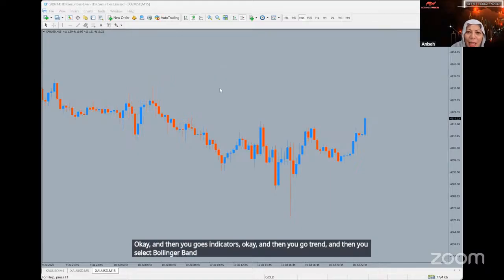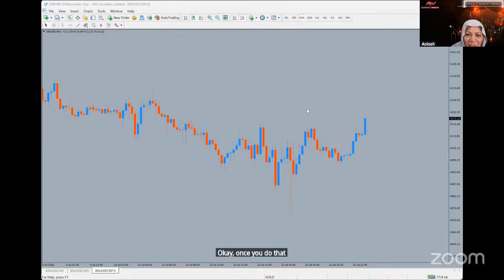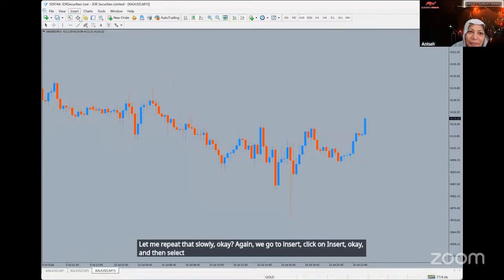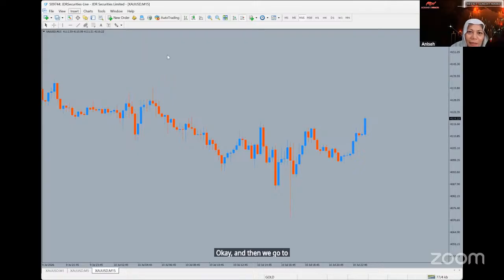Let me repeat that slowly. Again, click on Insert, then select Indicator, then go to Trend and select Bollinger Band. Once you do that, this menu will pop up.